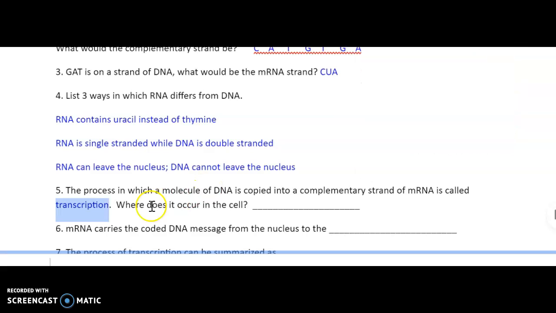Now I'm going to put a little note here beside transcription just to help us remember. Put it in red so we notice it. This is just to summarize that we have DNA to mRNA. That equals transcription.